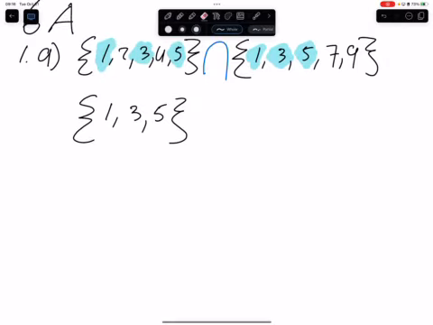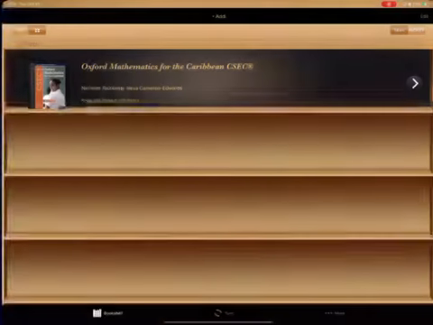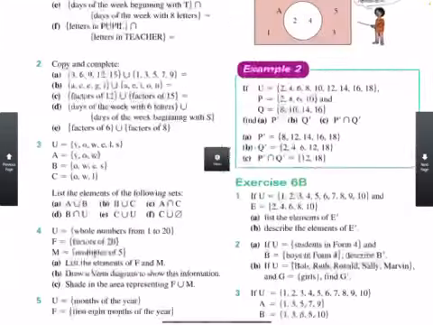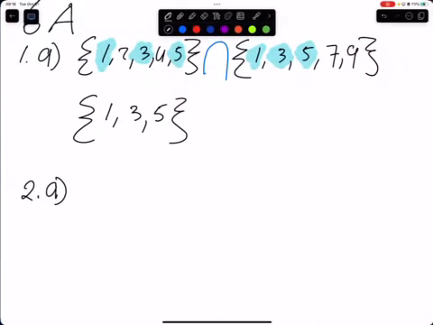Second one, 2A. A speaks on union. One set is 3, 6, 9, 12, 15.